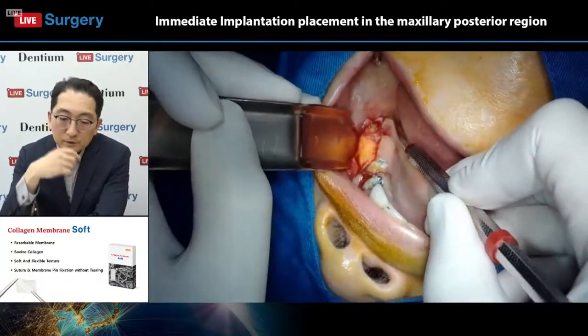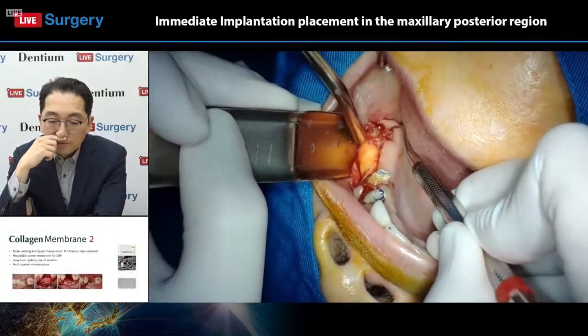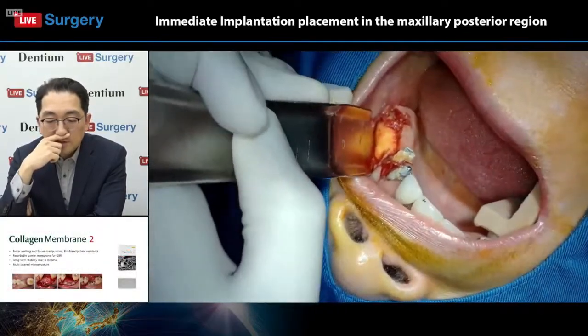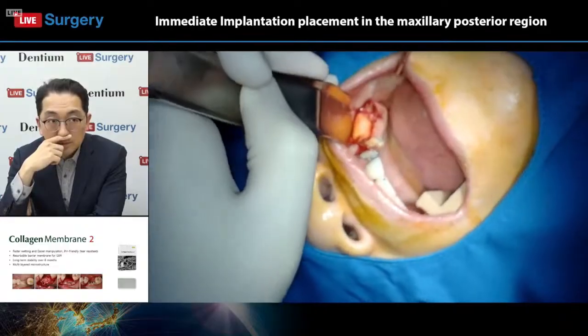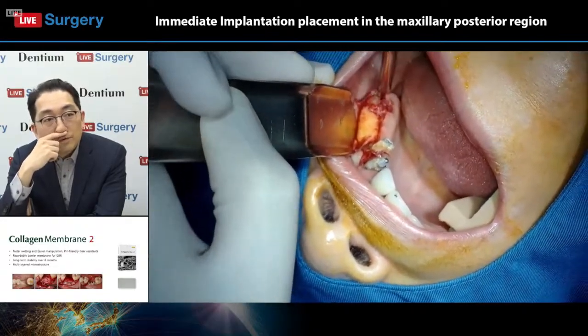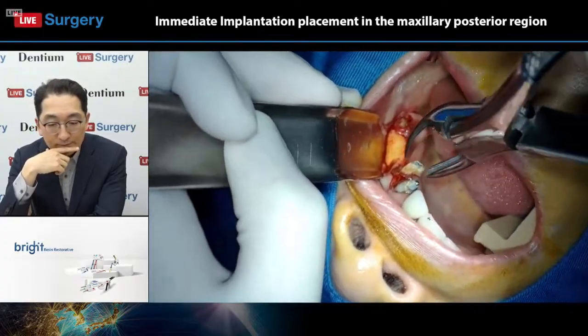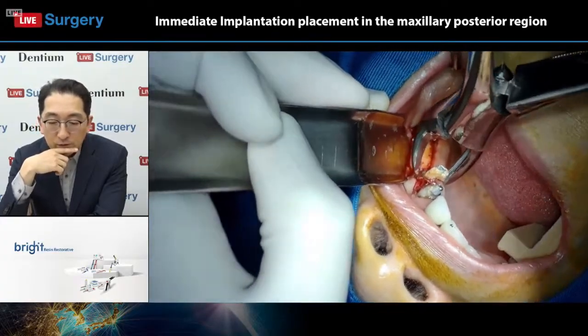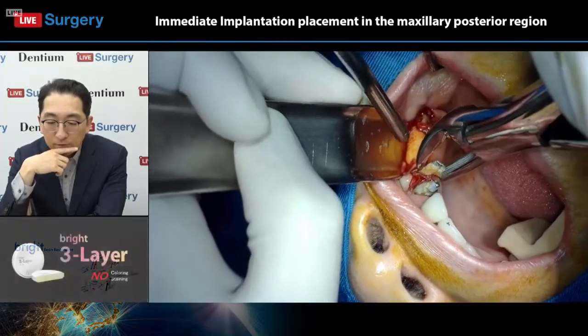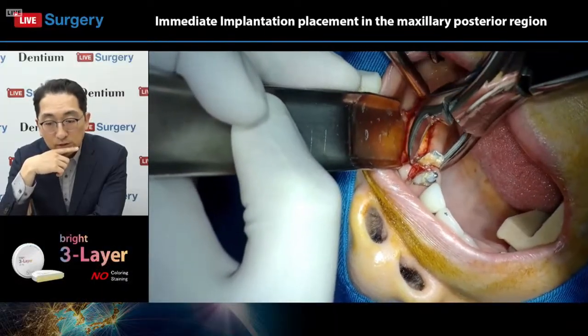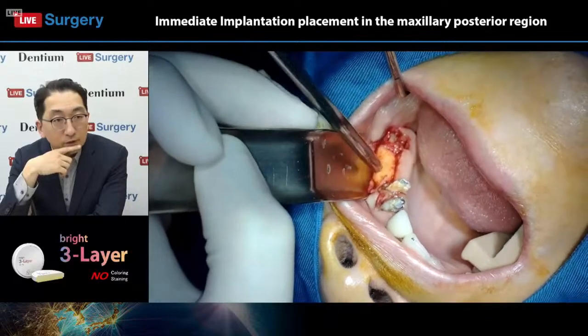Some dentists use a mold curette for this purpose, and various instruments can be used. So I prefer the curette. The important point is that when raising the flap, if the periosteum is completely incised, the flap opens very easily.